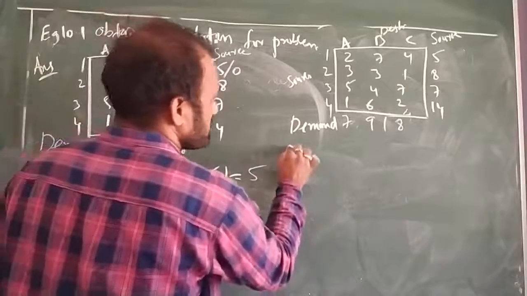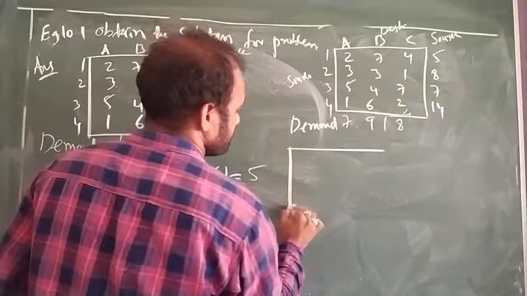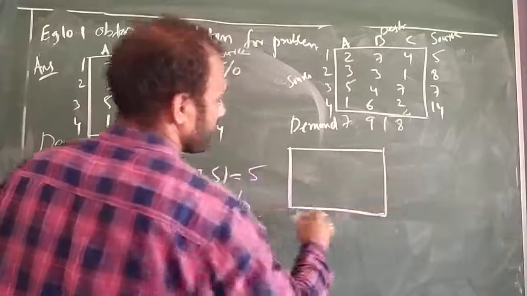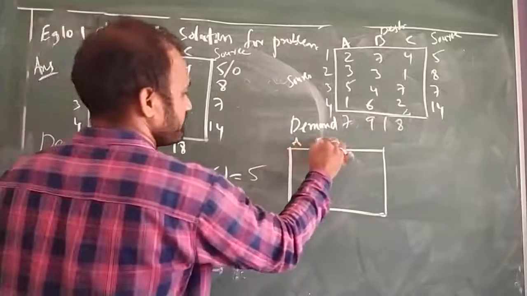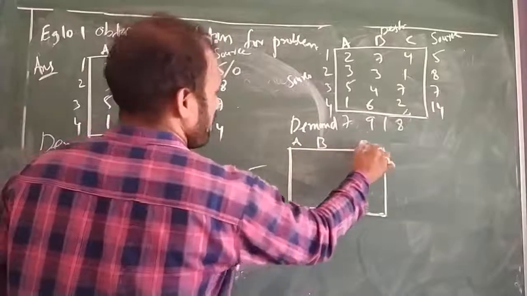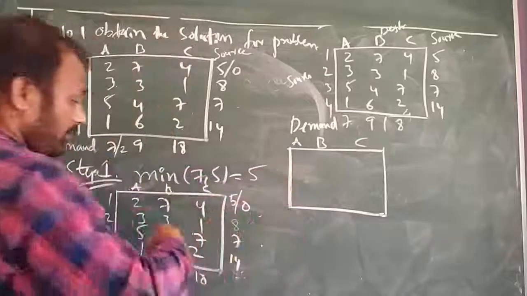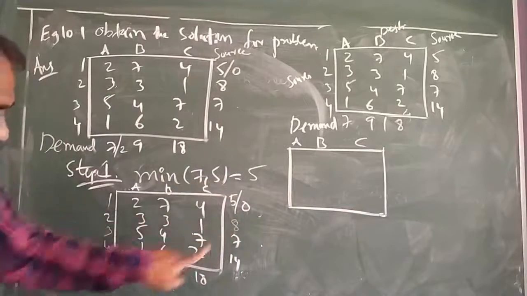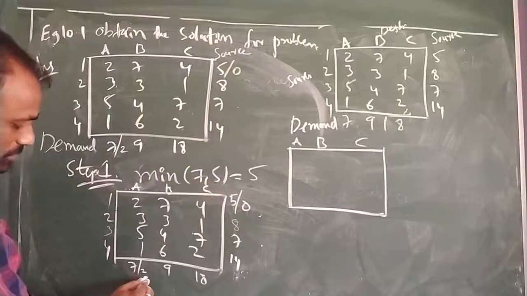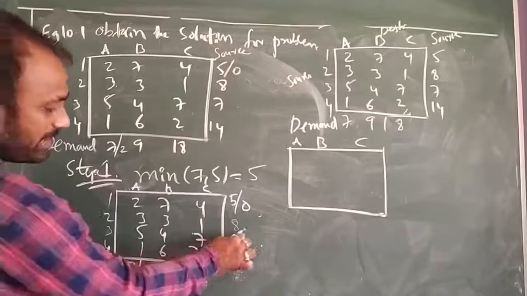So what will be the next step here? A, B, C. Already this is gone. Now observe, the first value is 2 and the other value is 8.